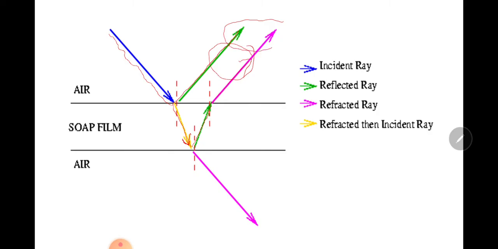When these two light rays come into our eyes, they interfere either constructively or destructively. Here a phase change of lambda divided by 2 will take place, and when it is reflected from the bottom, no phase change will take place.